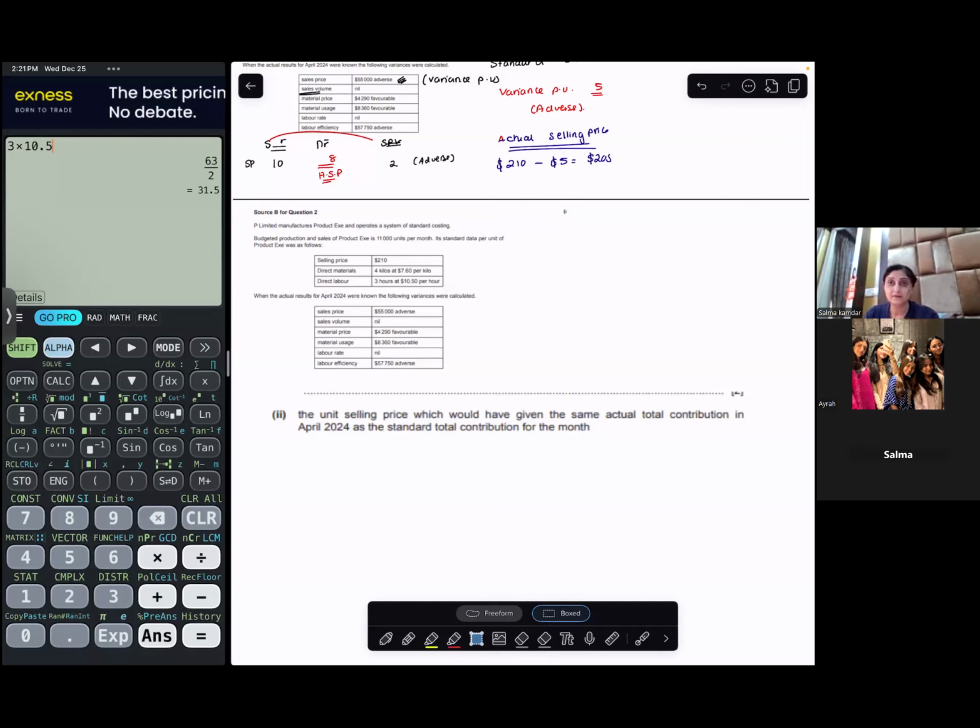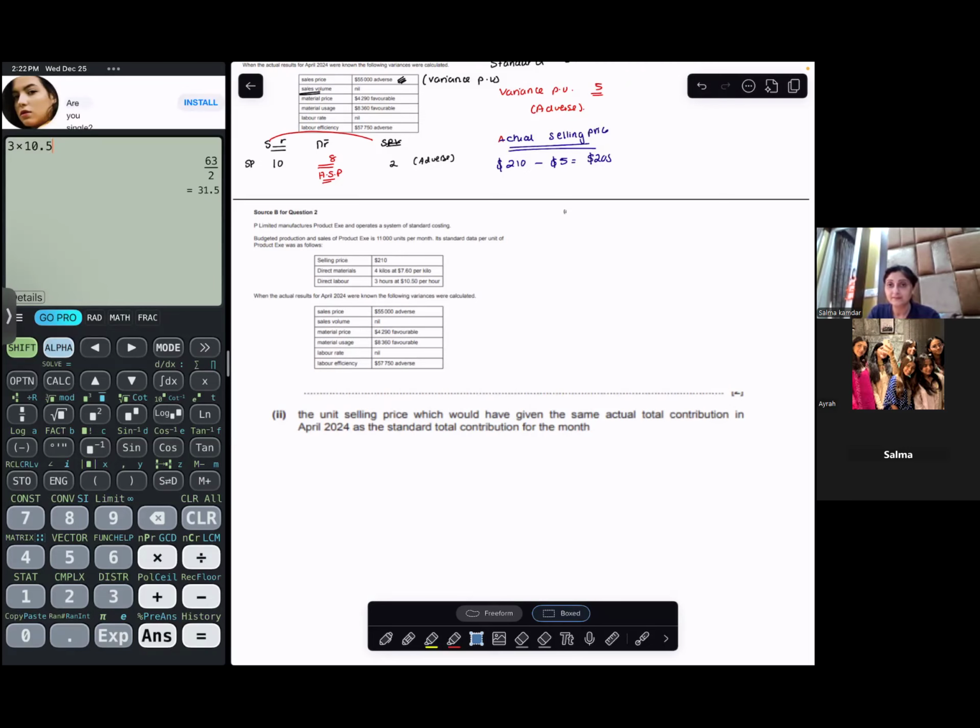That the sales minus variable cost would have been same. Read again. The unit selling price, which would have given the same actual total contribution in April 2024, as the standard total contribution. Analyze. What does this mean? What do they want to find?